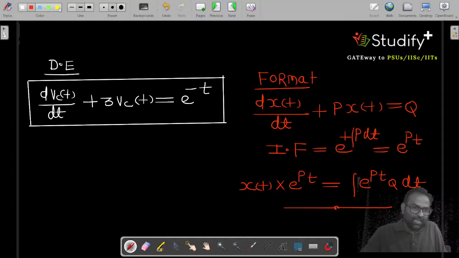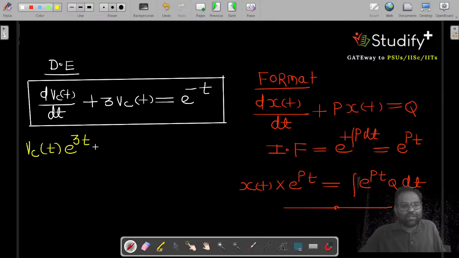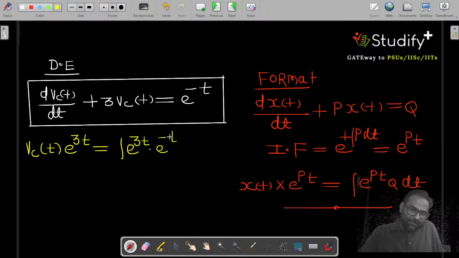So in our case, what is the solution? VCT into e to the power 3t, because our integrating factor is e to the power 3t, equals the integration of e to the power 3t multiplied by q, which is e to the power minus t, into dt.